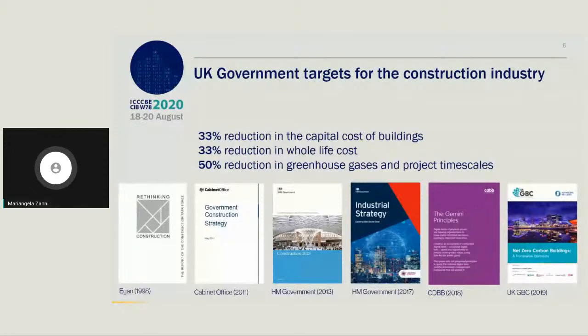So yeah, a bit of motivation for our project. The UK government targets for the construction industry outline the reduction of whole life cost, capital cost, and greenhouse gases. So very ambitious targets, and we're just making a bit of a contribution towards those achievements.